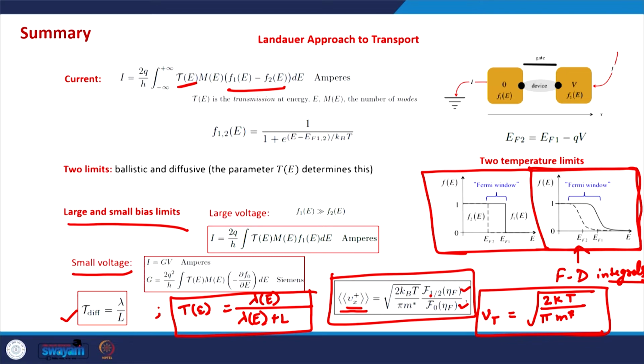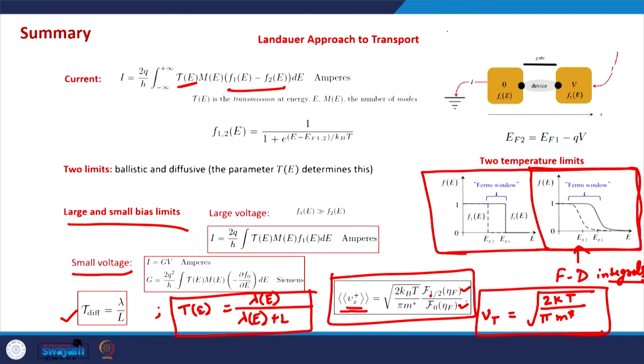So this is what we have, and this is also the situation below threshold in the MOSFET, because below threshold not much charge is there in the channel, which means that the non-degenerate semiconductor conditions are still maintained.